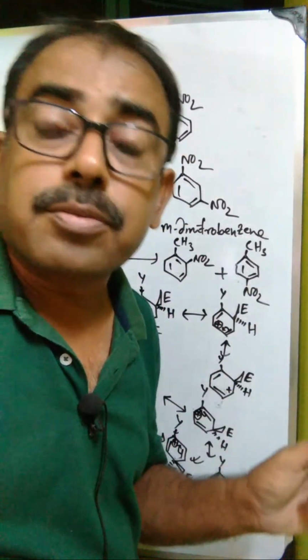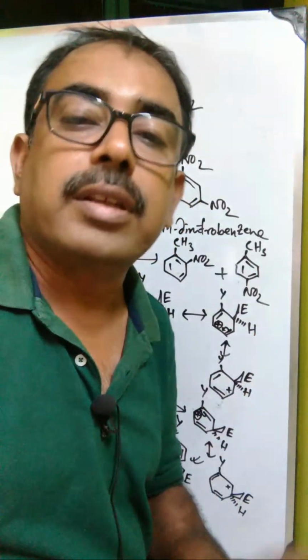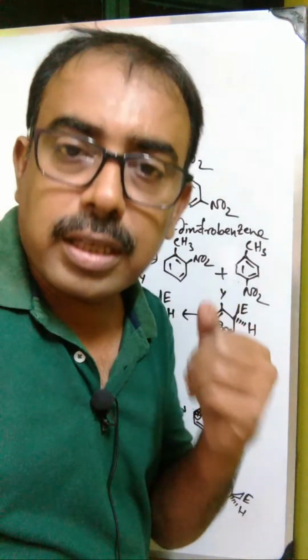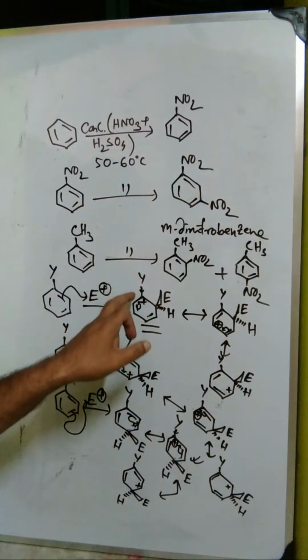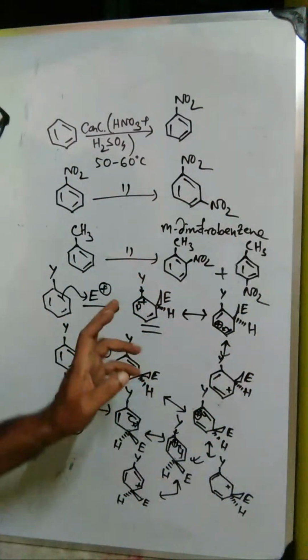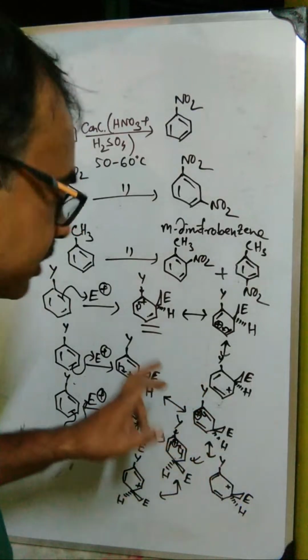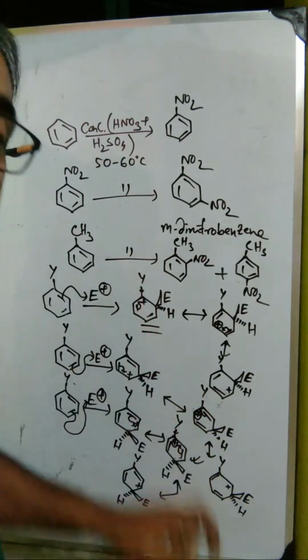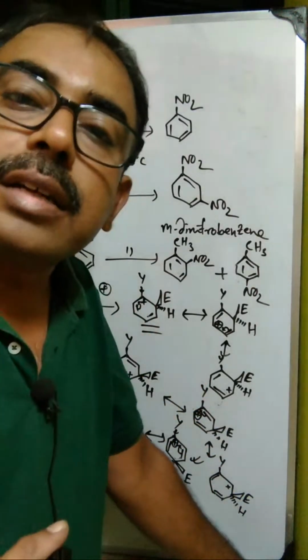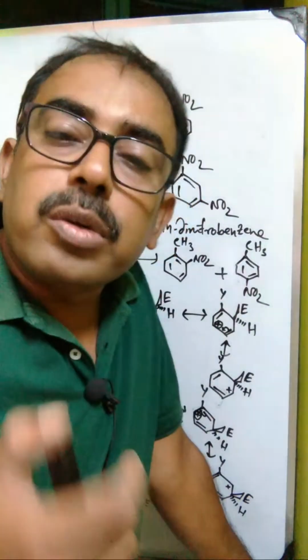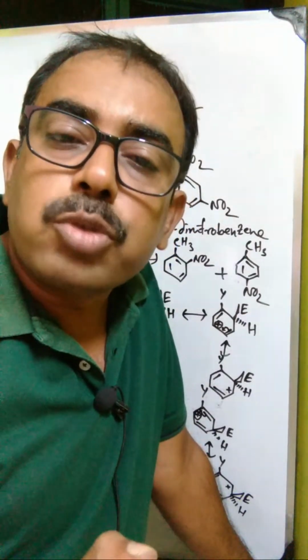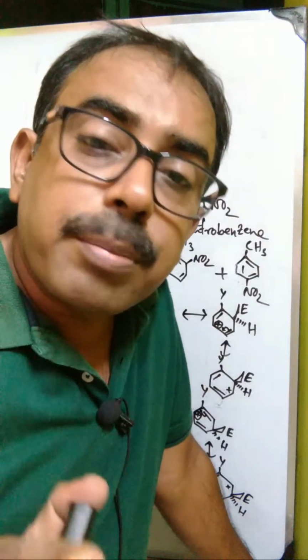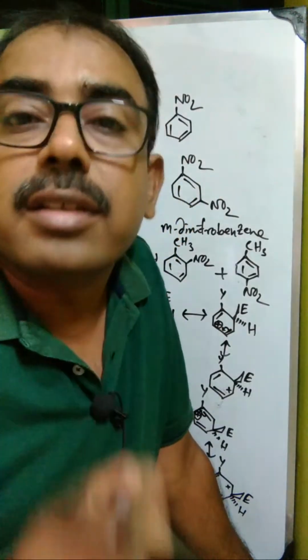But if the substituent has minus I inductive effect, that is electron withdrawing effect, then these two resonating structures will be highly unstable, as the carbon is carrying a positive charge, and if Y is withdrawing electrons from a carbon which is already having a positive charge, that will make it very unstable.